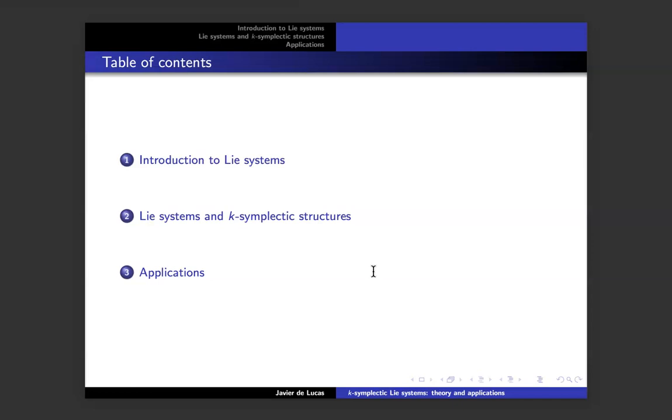And I will do this application of k-symplectic structures in such a way that you will have some hints of how to do the same for the other differential structures, for example for k-contact, for k-polysymplectic, and other ones, at least to have some rough idea of how it should be done.